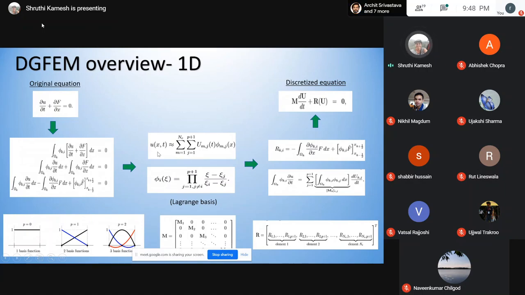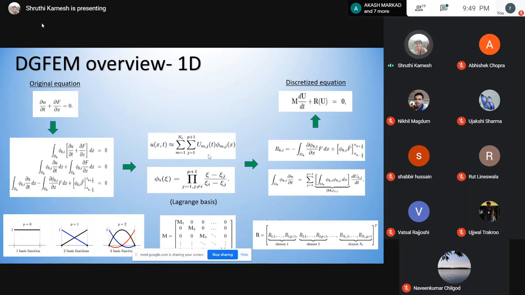So your solution over your entire domain is essentially the sum of approximations over p plus one nodes over elements. So over ne elements, right? Essentially what you solve for in the end is these coefficients, u_mj, which is the basis coefficient value at the jth node for the mth element. So this is what you're trying to solve for.